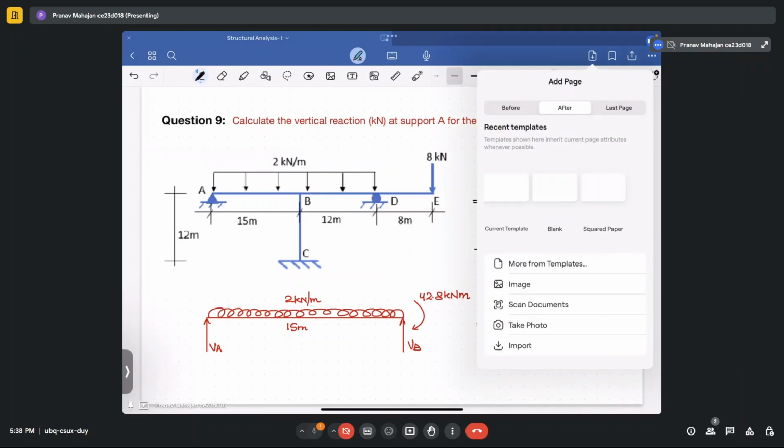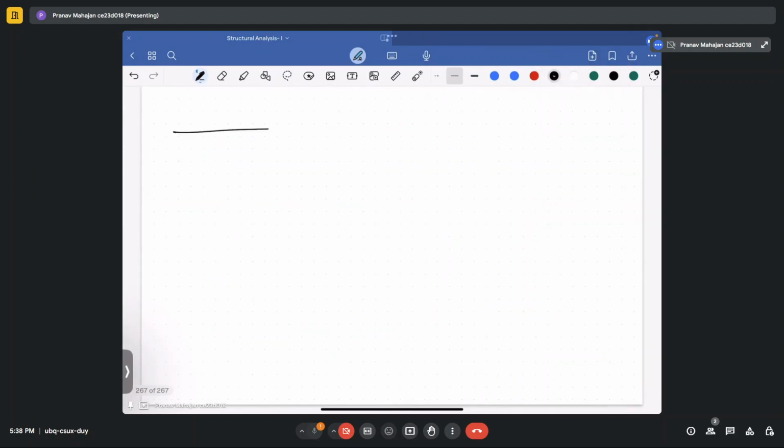So suppose in other beams, how it will be. So in this span, you are having 12 kilonewton meter. This will be VB. Then this is VD. Here the moment is 20.67 in negative direction and 64 in positive direction.